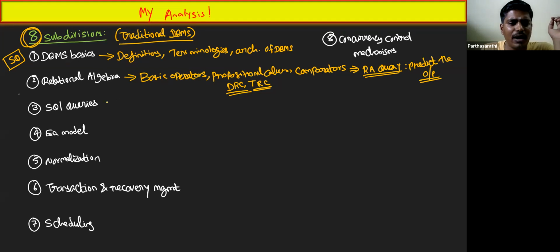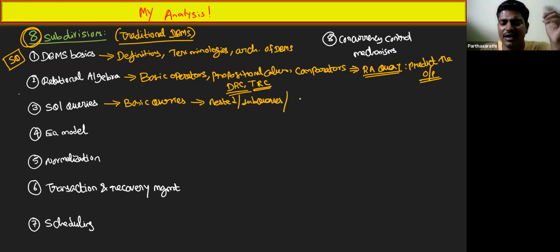The next most important topic is SQL queries, where you have to concentrate on the basic queries, but mostly the question will not come from that particular part. You have to understand the nested or subqueries and different types of subqueries like correlated subquery and row subquery. You can expect a question from that part.